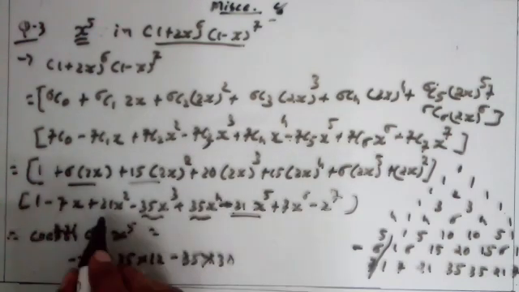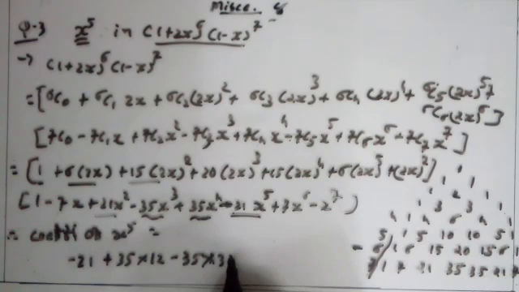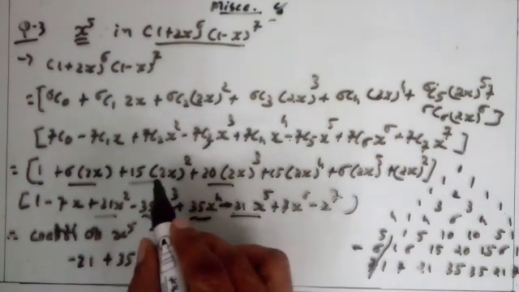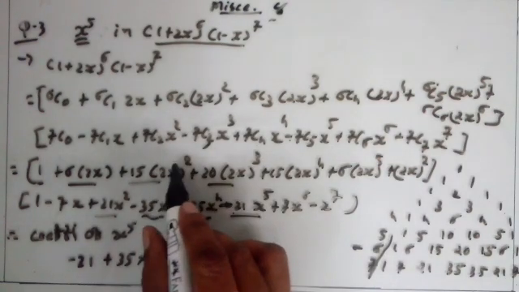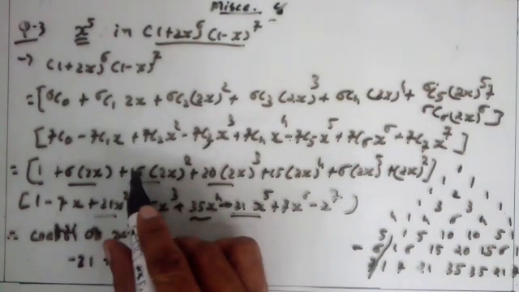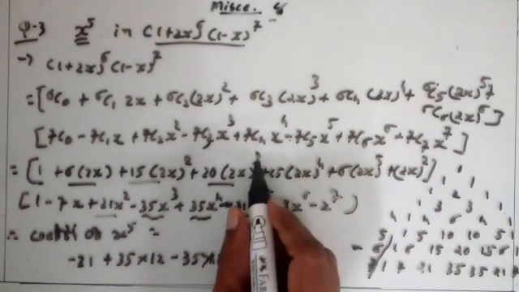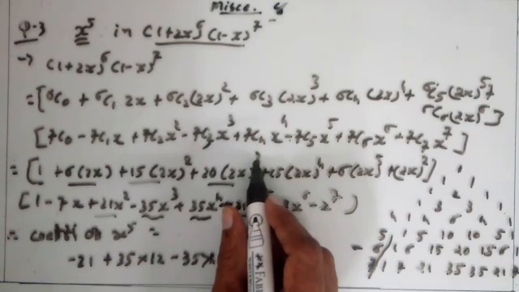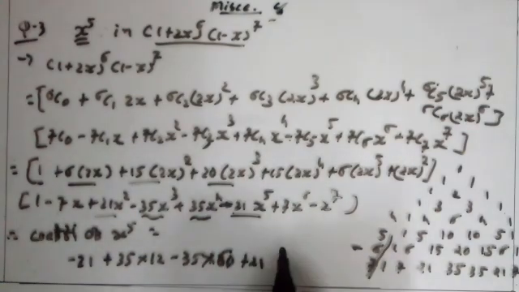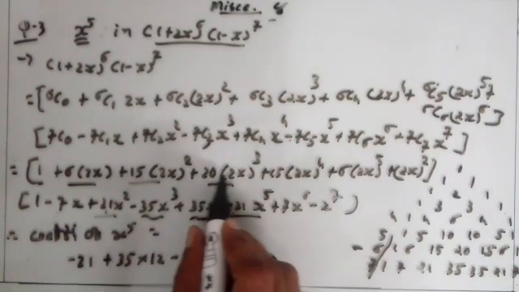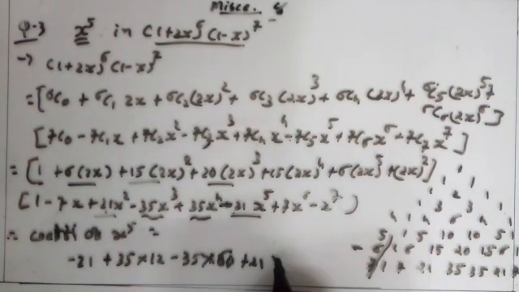Clear this? Now plus 21 into the product of these two. Here 2 square is 4, 4 into 15 becomes 60 here. Okay. Here 2 raised to 3 is 8, 8 into 20 becomes 160, here 21 into 20 into 8.